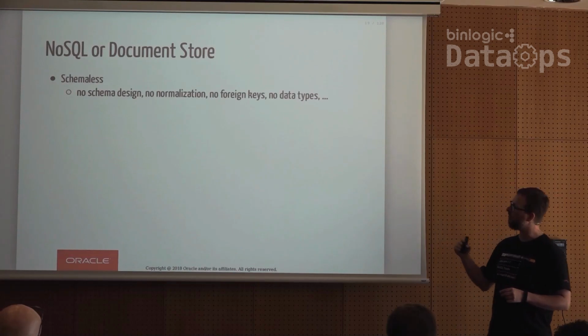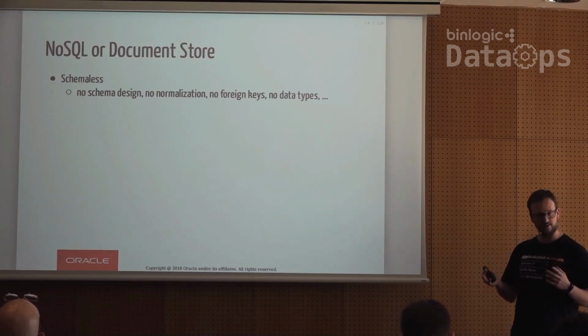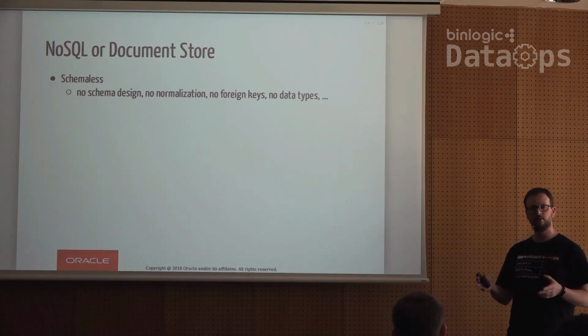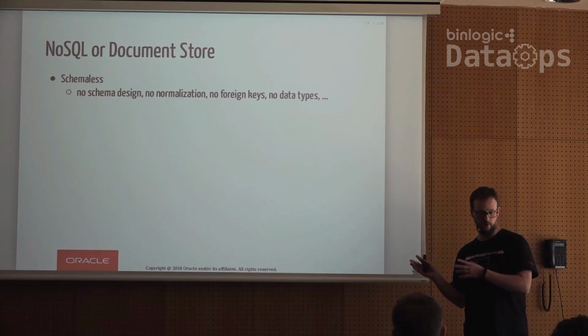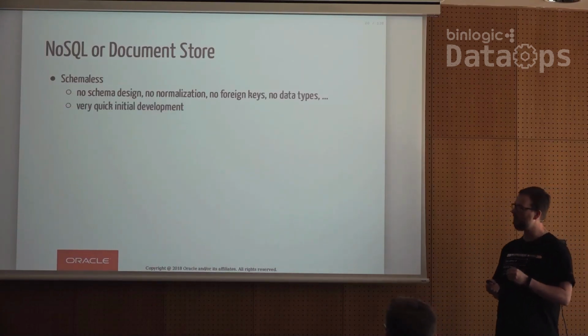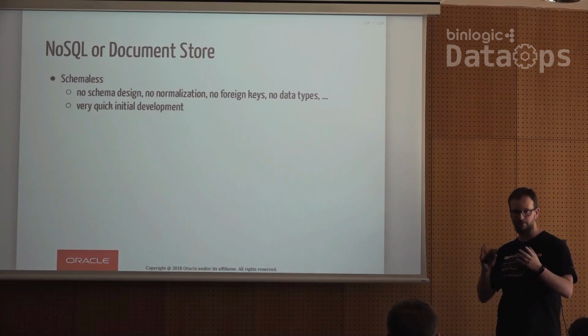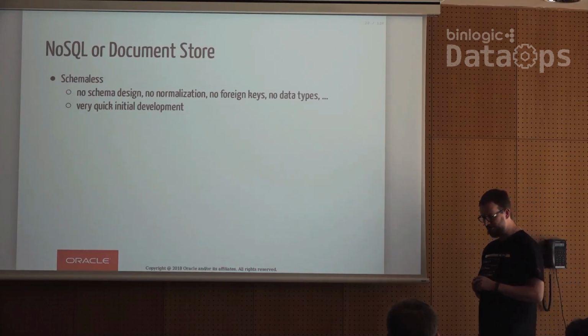No normalization, no foreign keys, no data types, and of course, when you don't have all this, you can start coding, because we are also targeting developers here. You can start coding very quickly because you don't have to think about whether you should put your data in tables or how to design your tables.